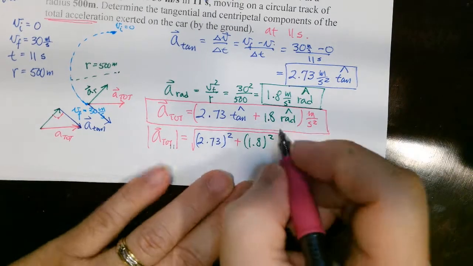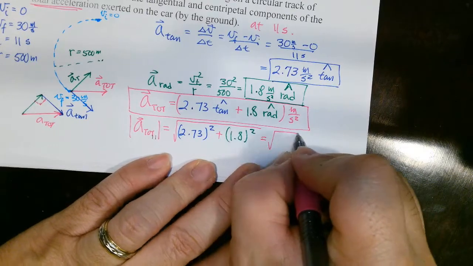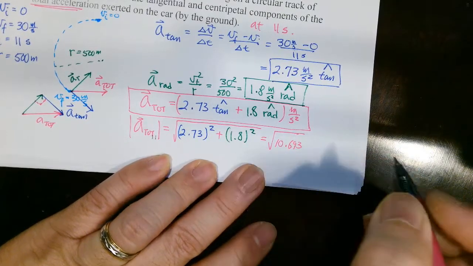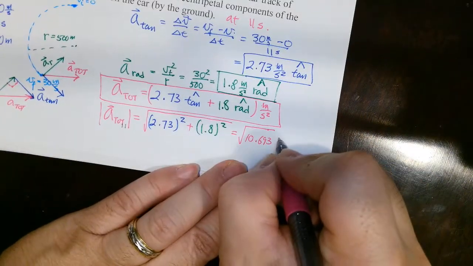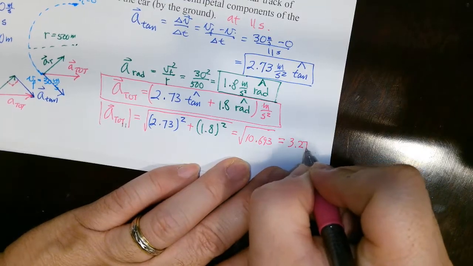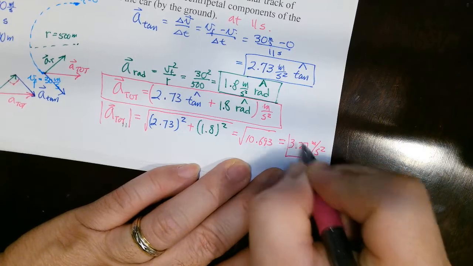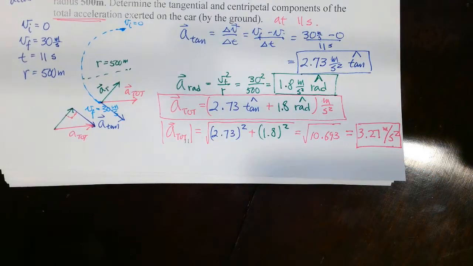And if you do that, I think it comes out to the square root of about 10.693. So A total comes out to 3.27 meters per second squared as the total acceleration's magnitude.